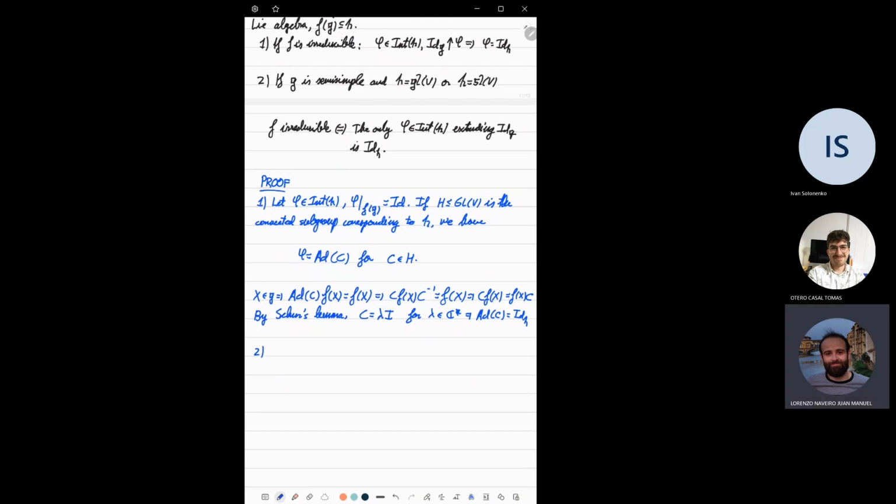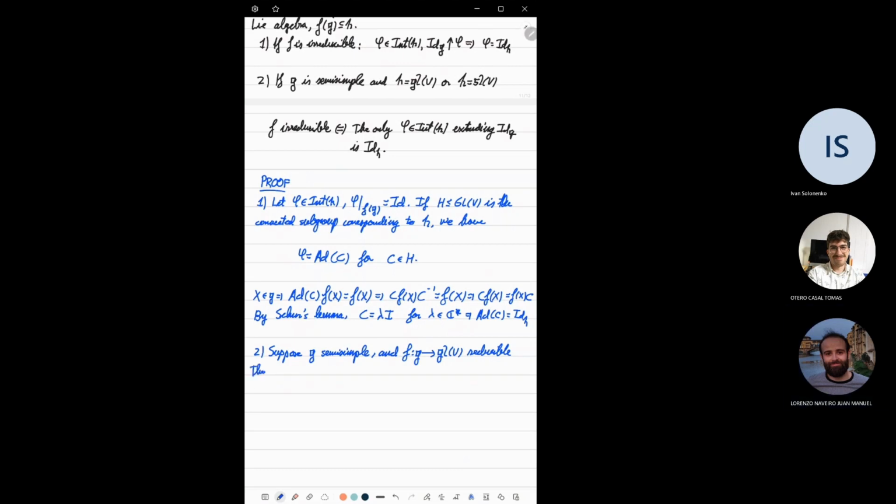And now for the second part, suppose that G is semisimple. But now let's assume that F is reducible, and let's find a non-trivial element that extends the identity. So if the representation is reducible, then this means that we can write V as the sum of two invariant subspaces.